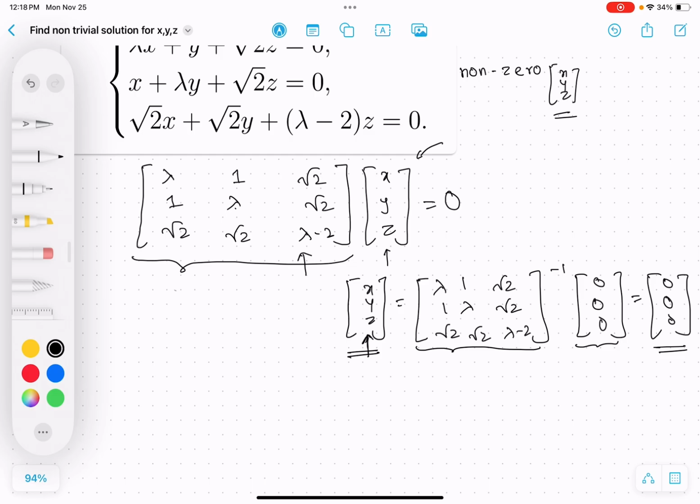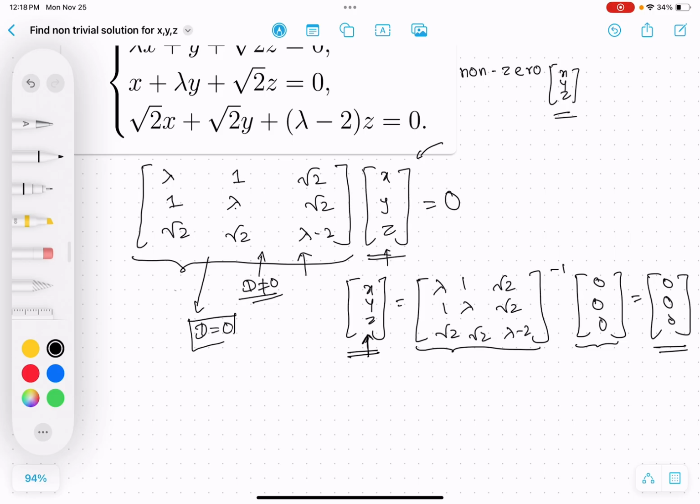That's a contradiction, and that contradiction occurred because the assumption was false. Our assumption was that the determinant of this matrix is not 0, and still a non-zero determinant matrix times this non-zero vector is 0. So this assumption was false, which means the determinant of this matrix should be 0.